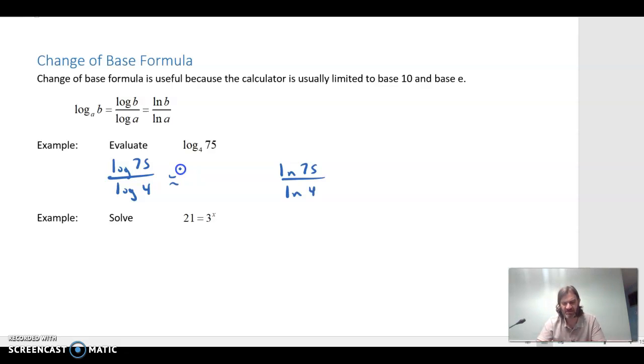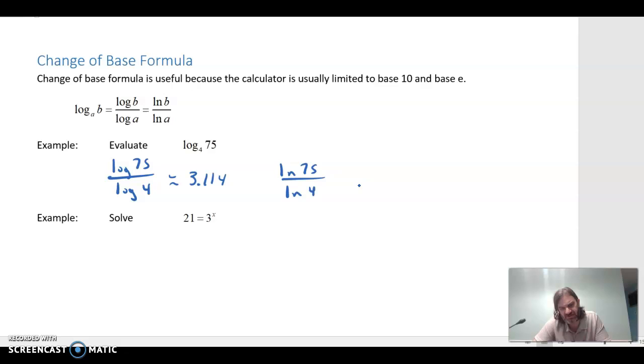You can try both ways if you like. I get 3.114. Like I said, you could try it with the natural log if you like, and you should get the exact same thing.